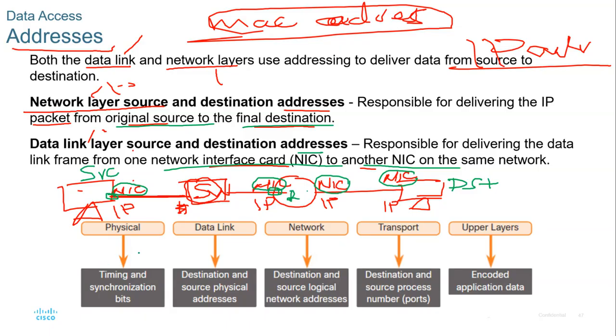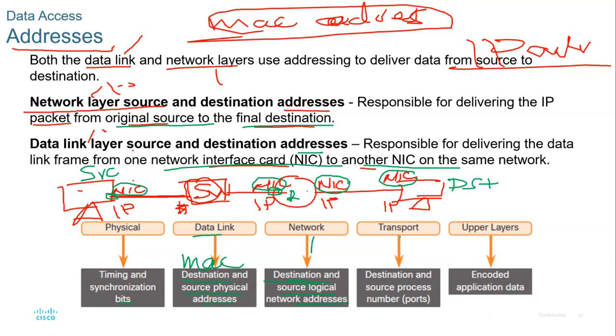So these are the fields of a frame, the flow of the message. At the physical layer we expect synchronization bits, the zeros and ones. At the data link layer we expect the destination and then source physical MAC addresses. Then we have the destination and then source logical network addresses.